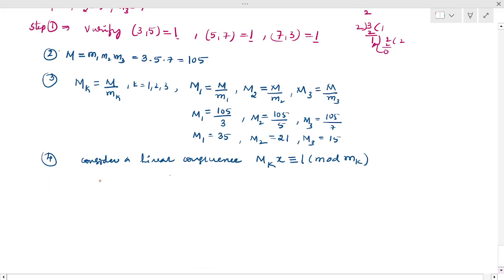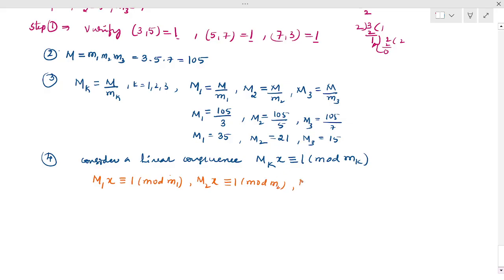Take k is equal to 1, you will get capital M1 x congruent to 1 mod small m1, comma, capital M2 x is congruent to 1 mod m2, and capital M3 x is congruent to 1 mod m3. Just I substituted k is equal to 1, 2 and 3.